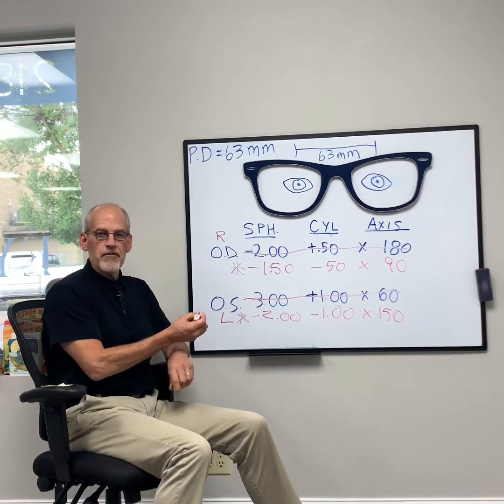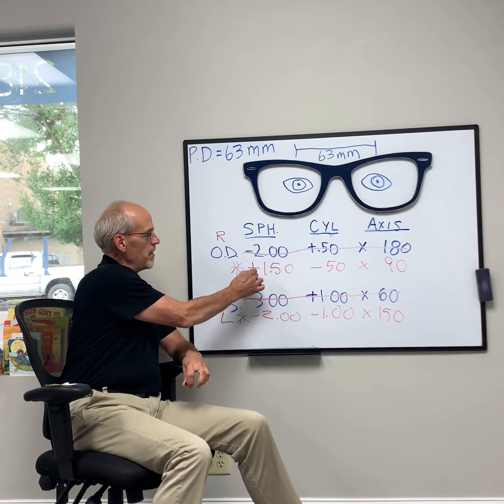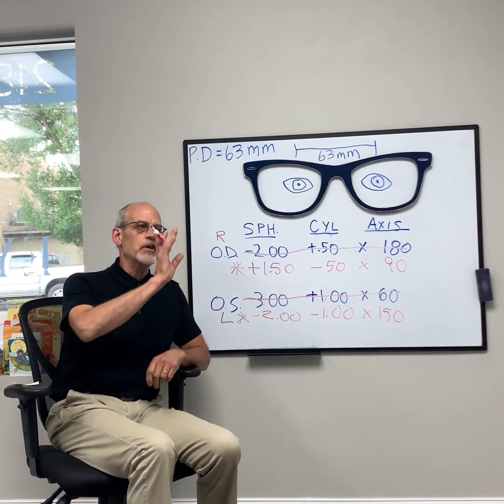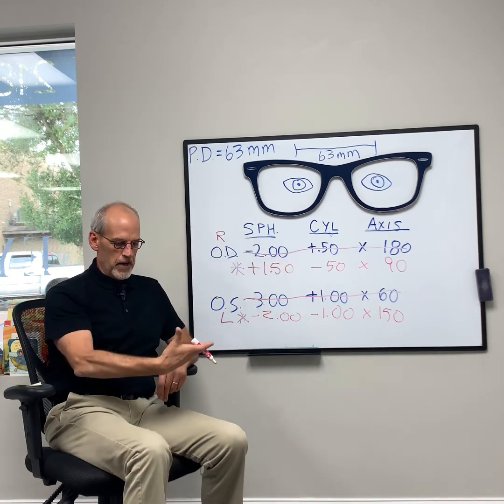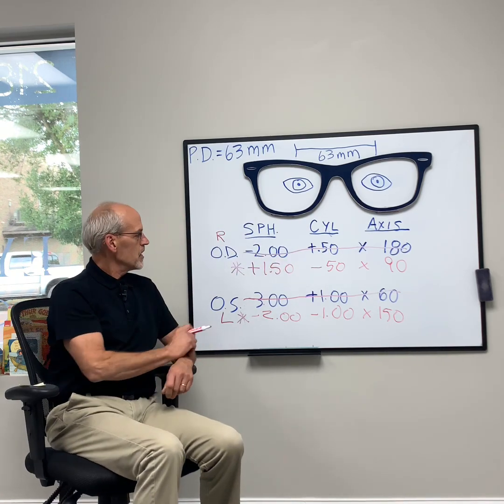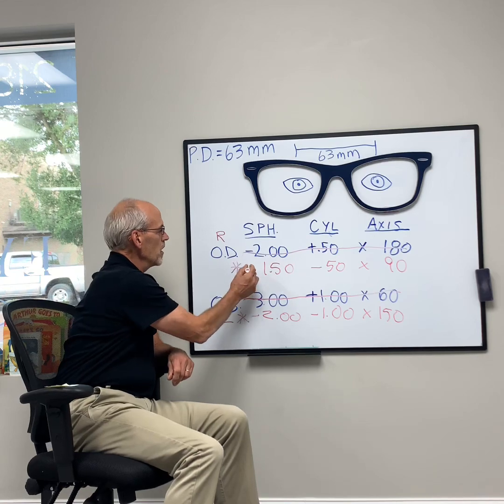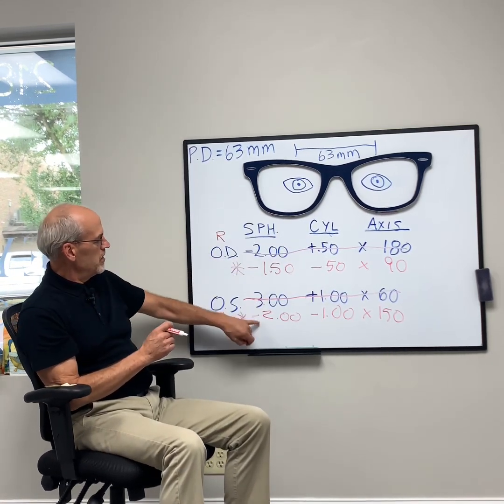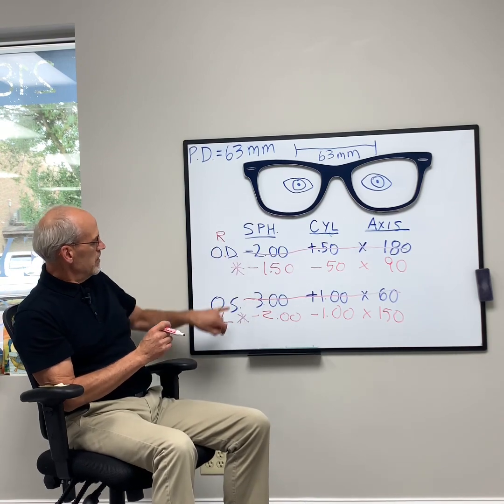If you were farsighted, that number would be a plus. A farsighted person can see far, but up close is a little bit off. So this person right here is nearsighted, right eye, left eye.